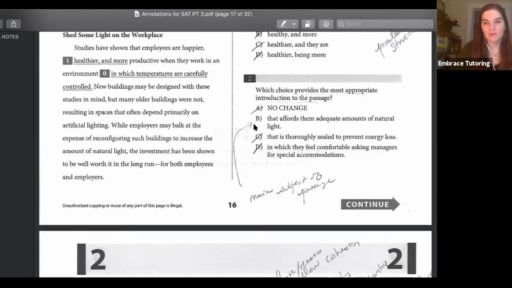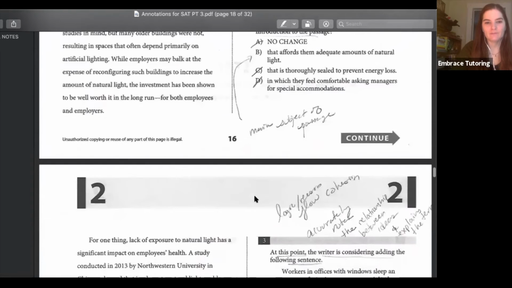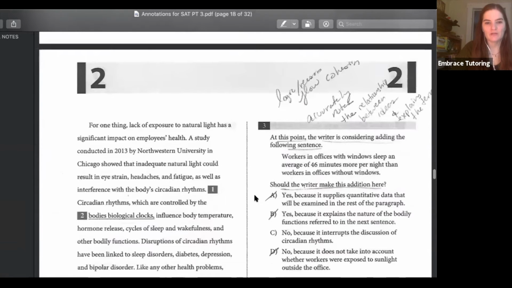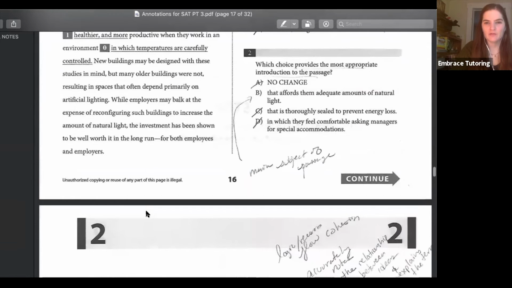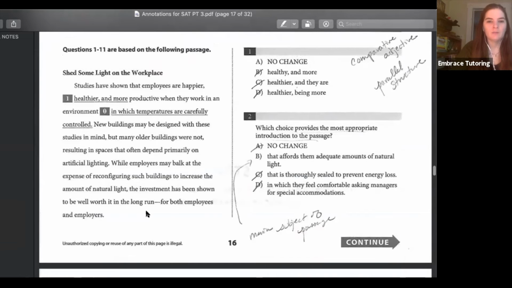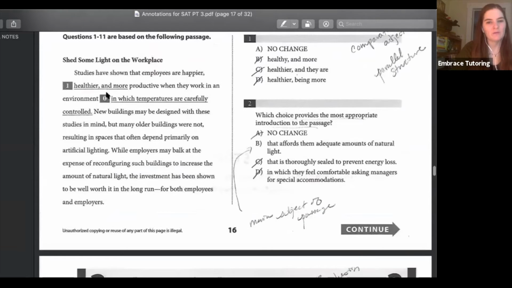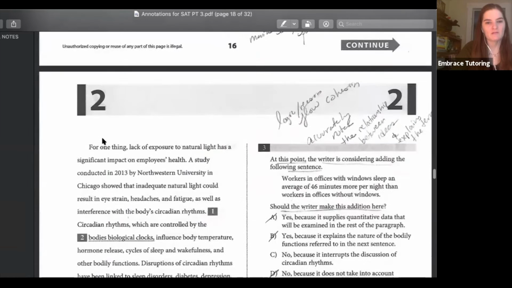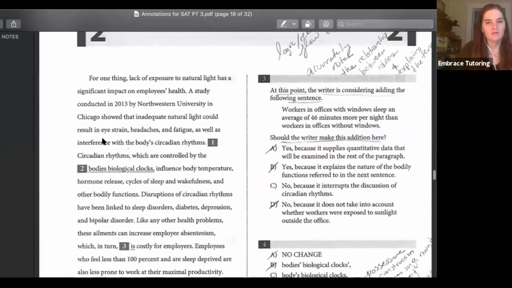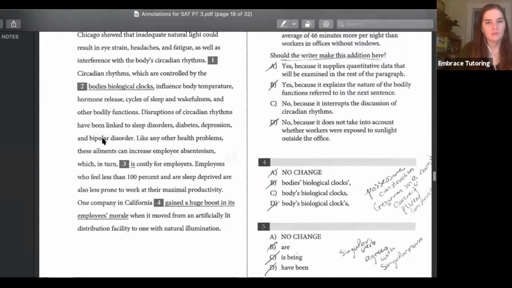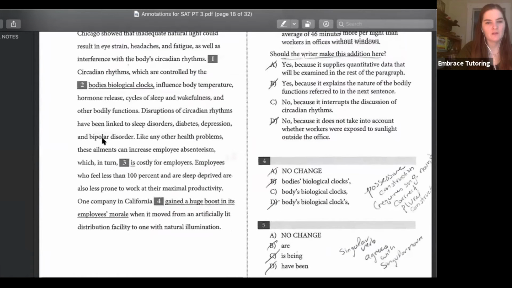So looking here, they're saying which choice provides the most appropriate introduction. Choice B ends up being the right answer because, basically, question 2 is actually on the second page. This one was a little bit confusing because they have a 0 here, which I think was a little bit of a confusing typo.